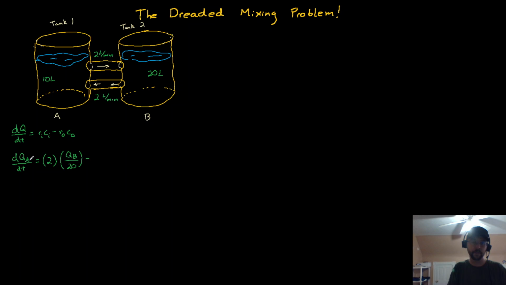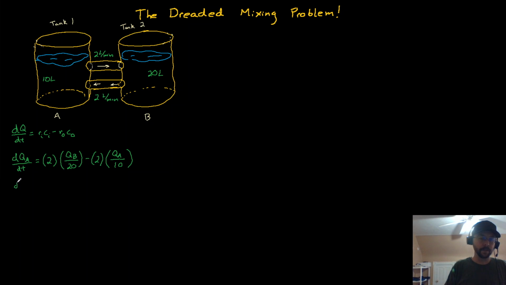minus, we're still dealing with A, so we want the rate out of A. That's this one right here, 2 liters per minute. The quantity in A, and this would be grams, per the volume in A, which would be liters. And had I written the units, you would see that this is liters per minute, this is grams per liter. What you end up with is grams per minute when they cancel.